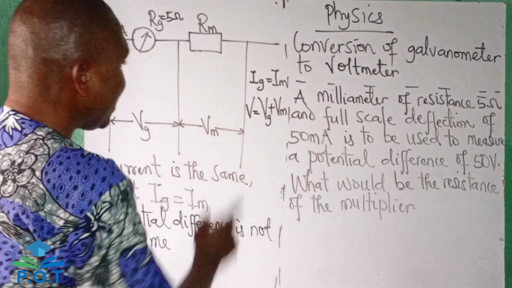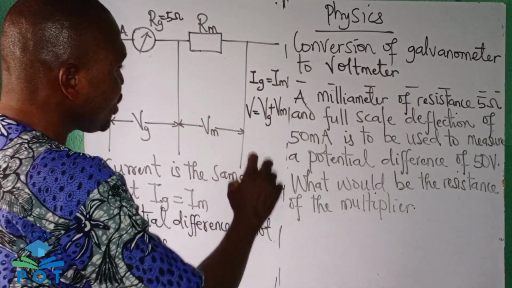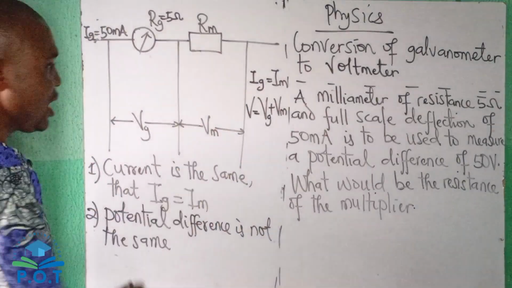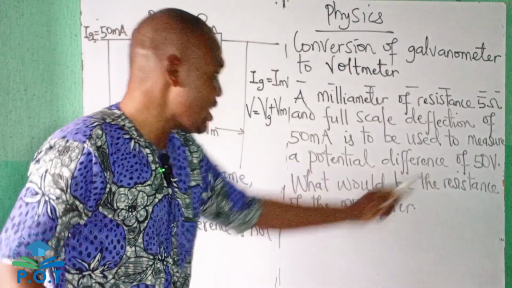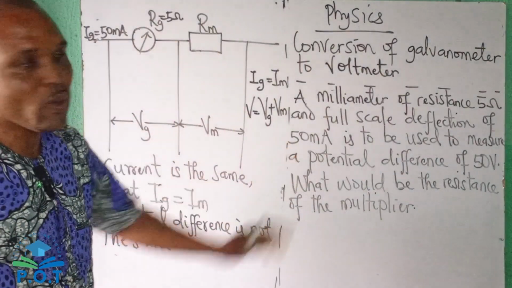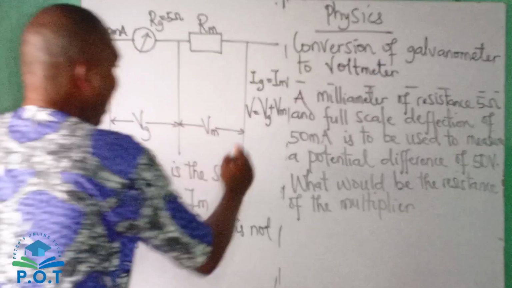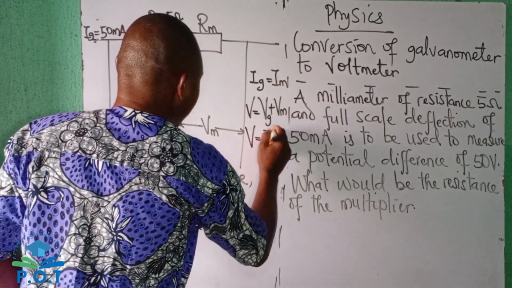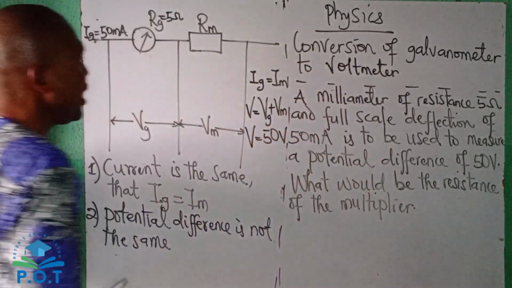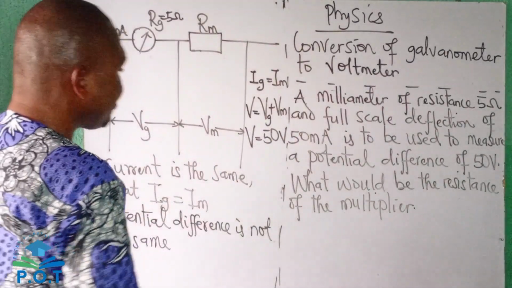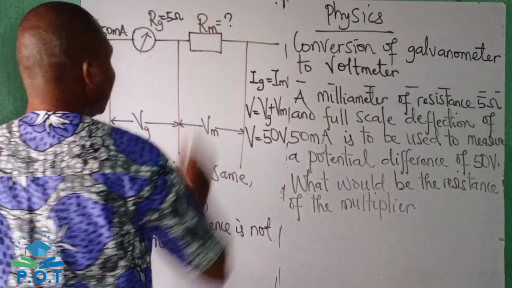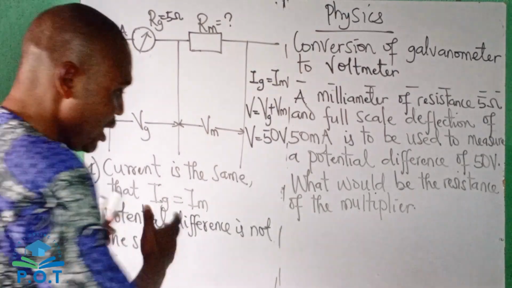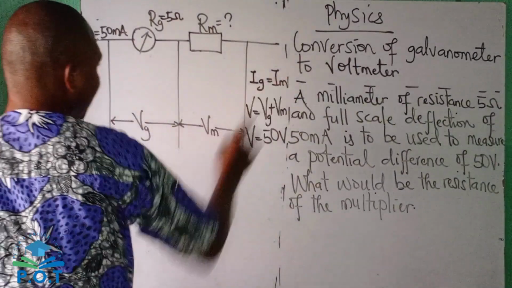It is to be used to measure a potential difference of 50 volts. This 50 volts here is the total PD in the circuit, so our V equals 50 volts. We are asked to find the resistance of the multiplier. This is unknown.